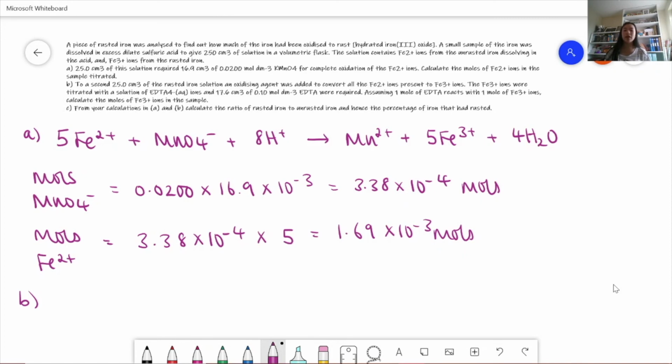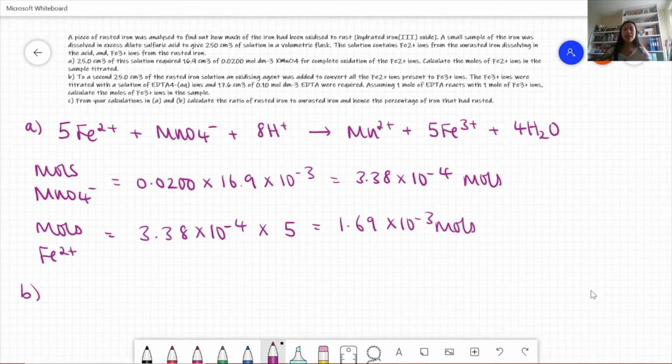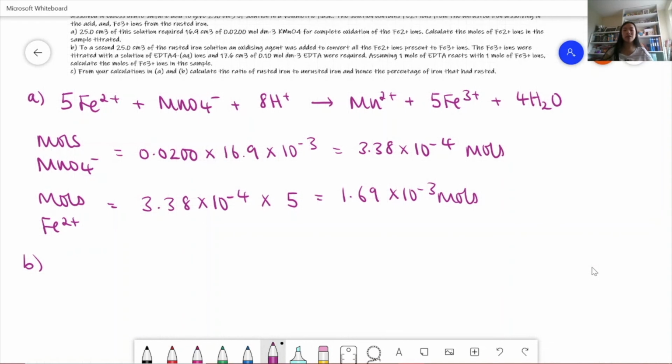So we do a similar thing, but this time with EDTA instead of manganate and Fe3+ instead of Fe2+. So we don't have to write out the equation because we don't know it. We're told that it's a 1-to-1 ratio. And so we work out the moles that we have of EDTA first. And this is equal to concentration times by volume again.